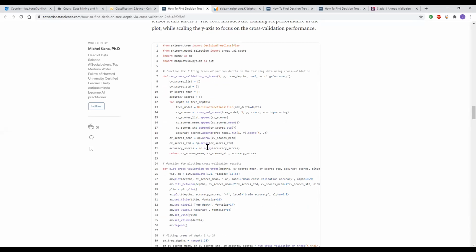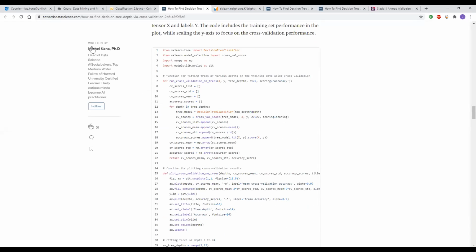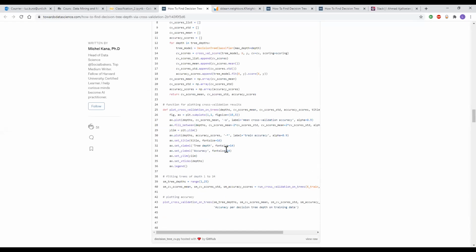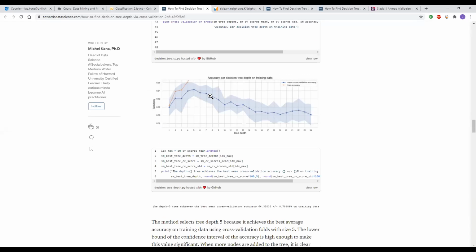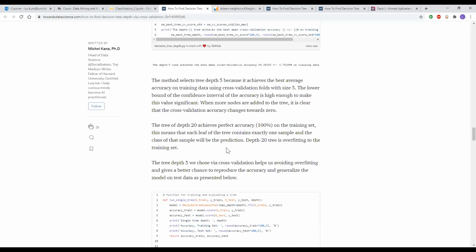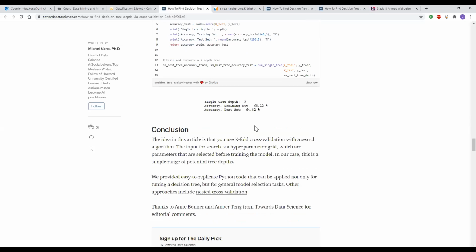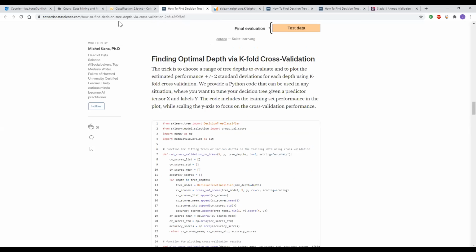And then you have the accuracy, the average accuracy, the mean accuracy in the cross-validation folds, and he sees that the depth that maximizes the average accuracy in the training folds is 5 in this case, for instance. Then he took 5 and trains on the test set and obtains like this. Okay, I recommend reading this.